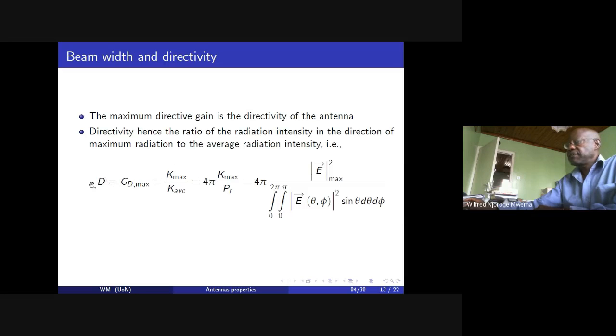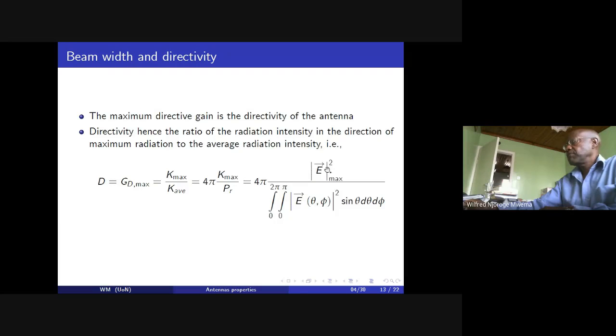And the directivity of the antenna is given the symbol D, and it will be given by the G_D max, in that direction, as K max divided by K average. And we see that this is just 4 pi K max over P_R, where this is the average radiated power over the whole surface. And this, we can give in terms of the fields.